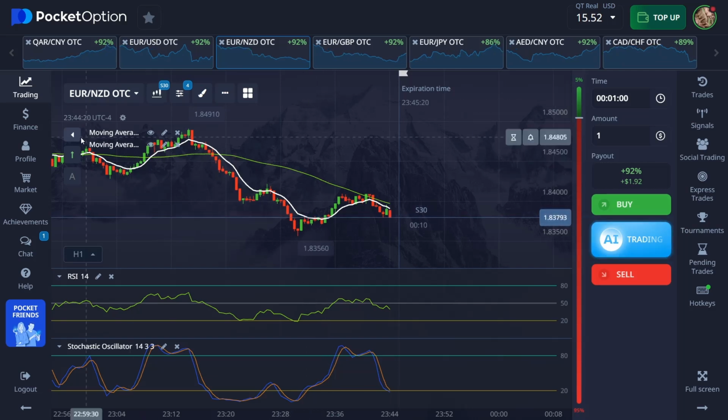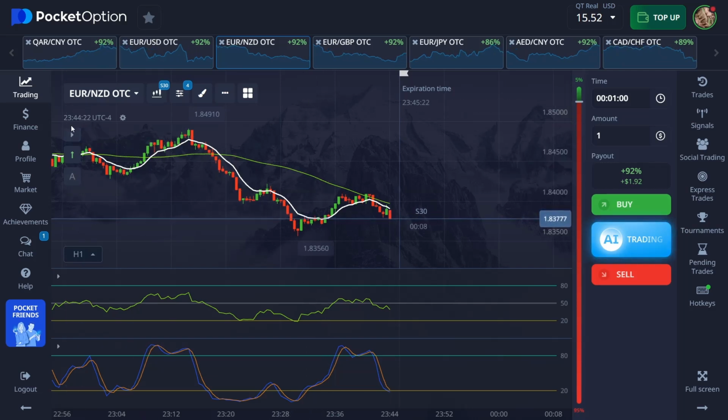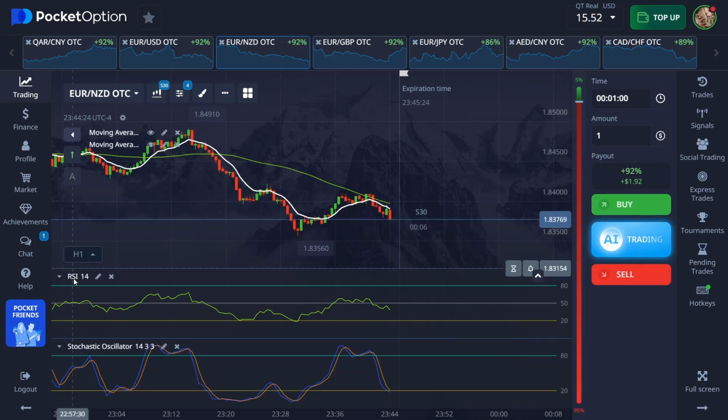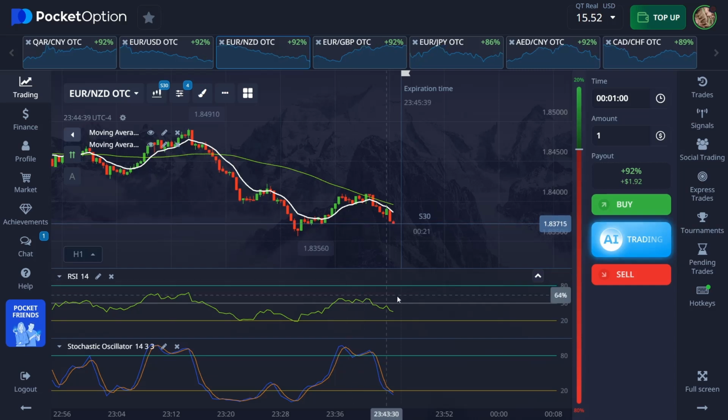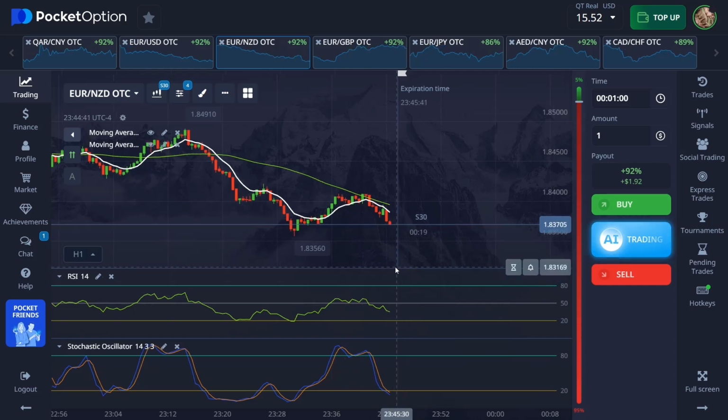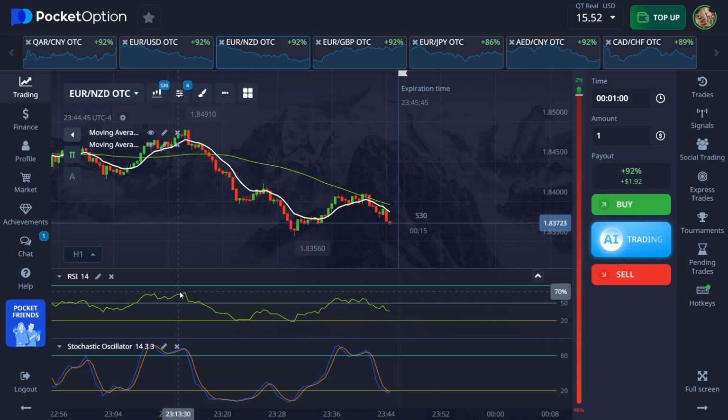Now the two other indicators that we have are the RSI and the stochastic oscillator, both default settings. Let's look at the RSI first and explain how you should be using it. As you can see, you have the main line. This line is basically moving with the price.